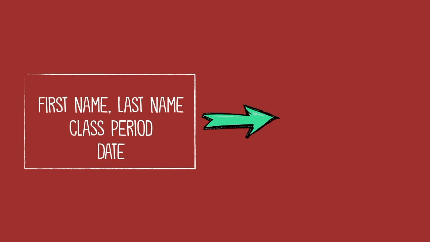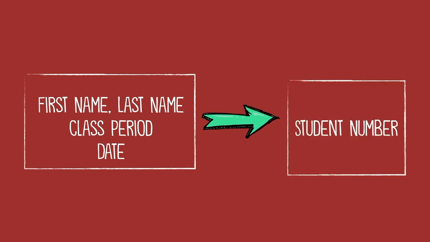And finally, I switched and I moved from this complex one to this, giving each student a 3-digit number. And so the way it worked is I had class period 1, 2, 3, 4, 5, and 6. And so each of the 6 class periods, their student number would begin with 1, 2, 3, 4, 5, or 6. And then wherever they were located in the grade book, they got a number.